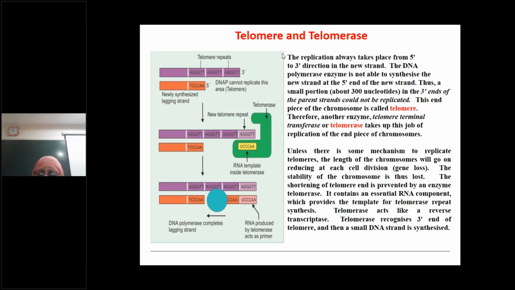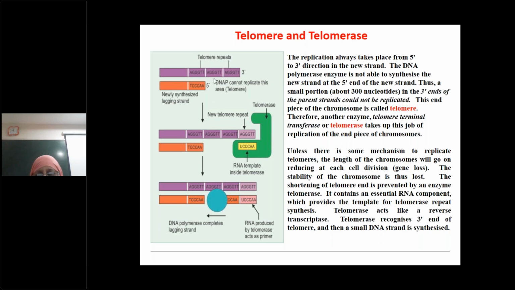We have seen that replication always takes place in the 5' to 3' direction in the new strand. So this is the new strand, this is the parental strand. Now the DNA polymerase is not able to synthesize the new strand at the 5' end of the new strand, because in the lagging strand the synthesis proceeds from the 5' end in this direction.